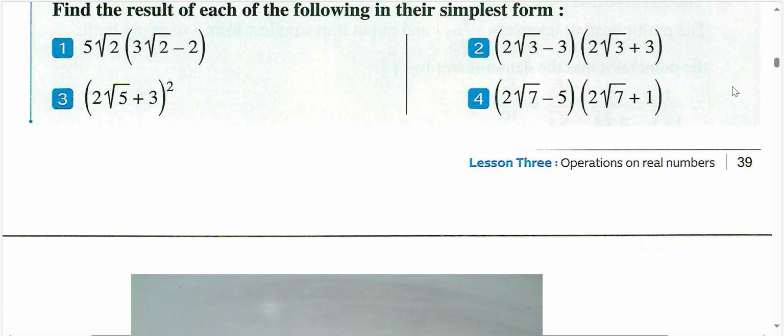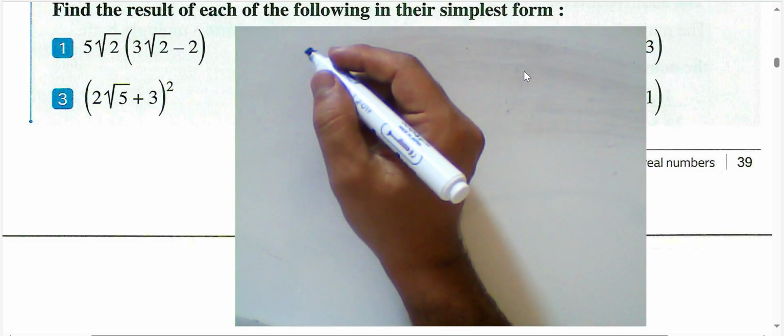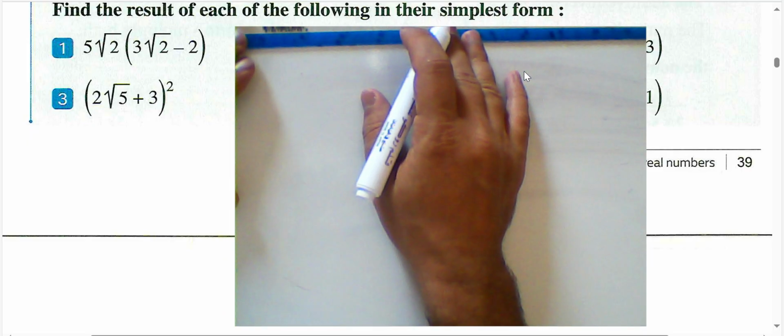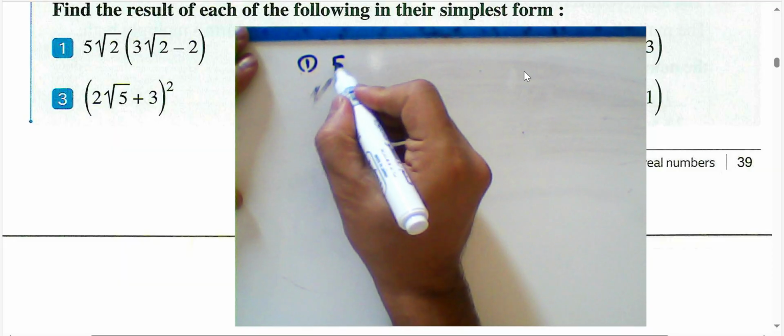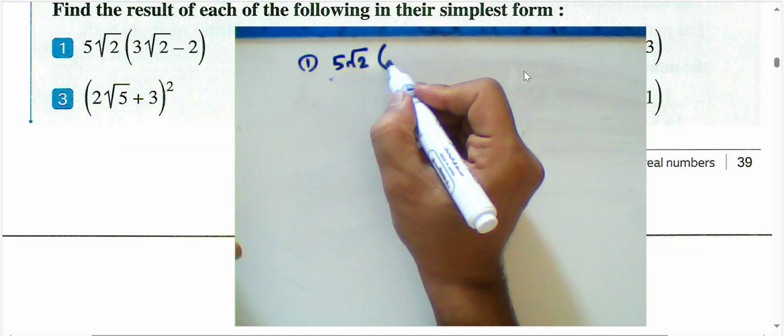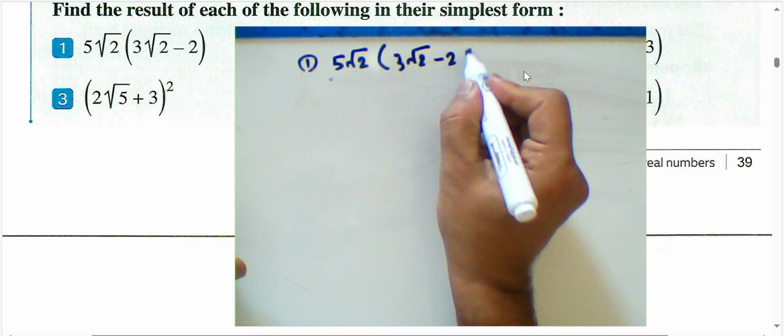Now I will solve this question with you. Find page 39. Okay. Question number 1, find in the simplest form. We have 5 root 2 multiplied by 3 root 2 subtract 2.